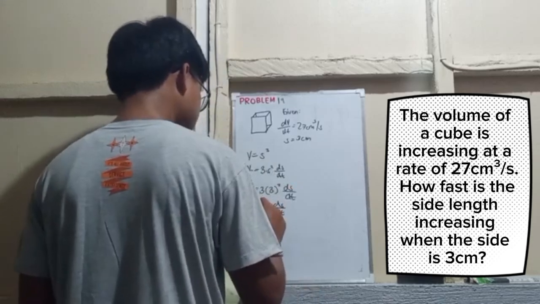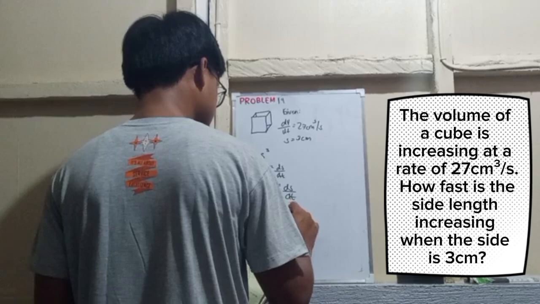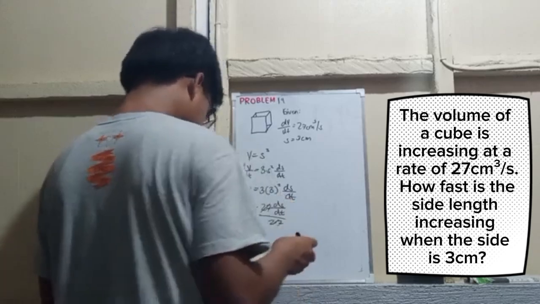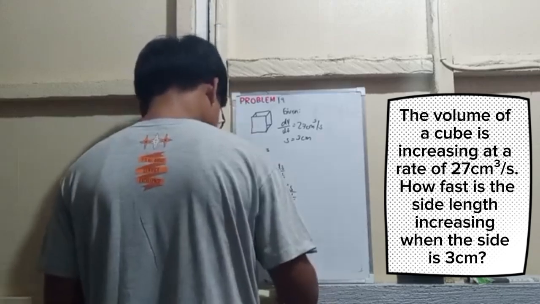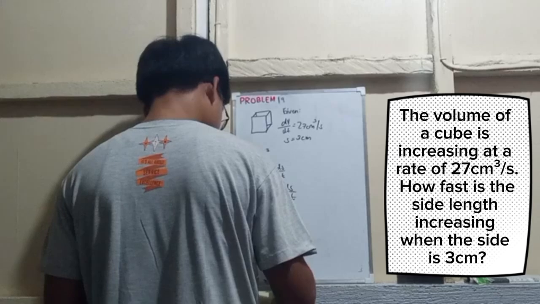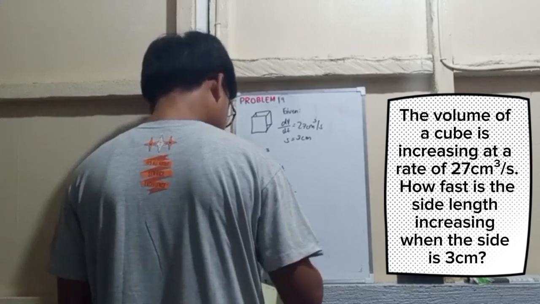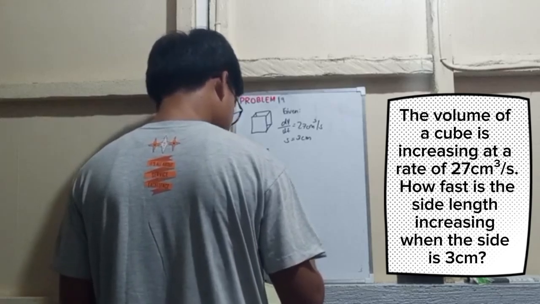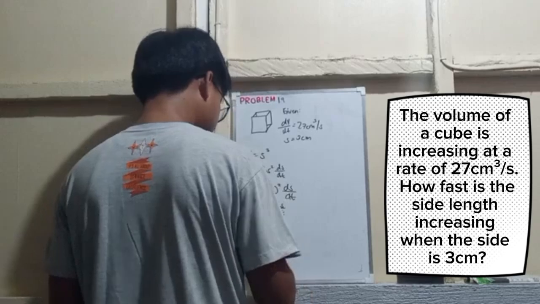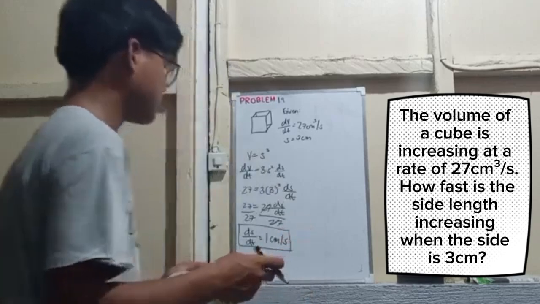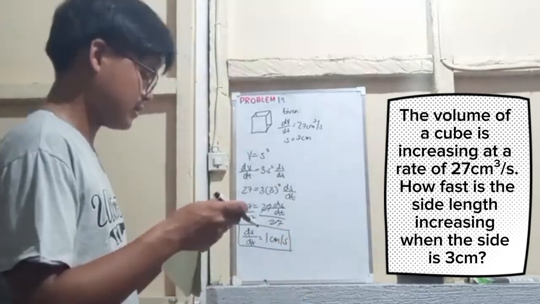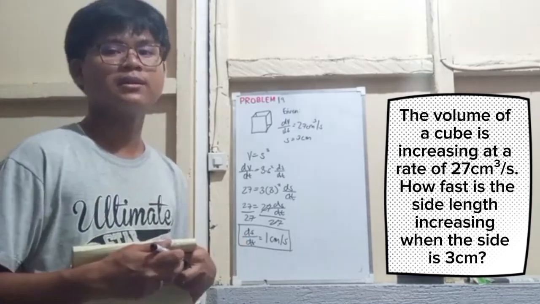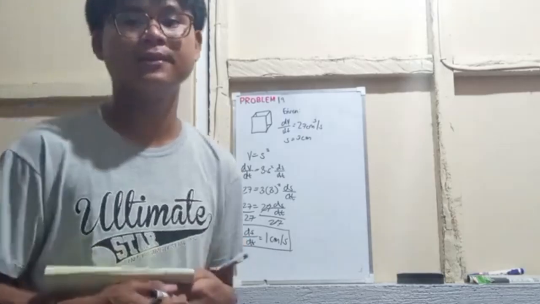Divide both sides by 27. Then we will get the value of ds/dt as 1 cm per second. So here is the final answer, the rate of the side when it is increasing is 1 cm per second.